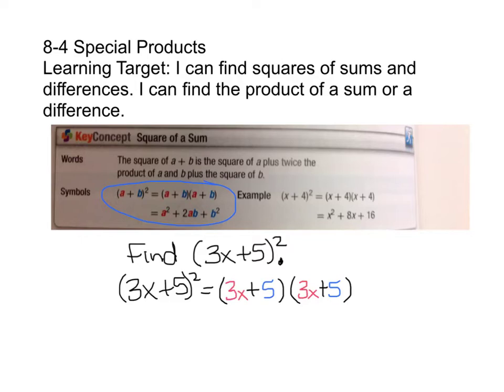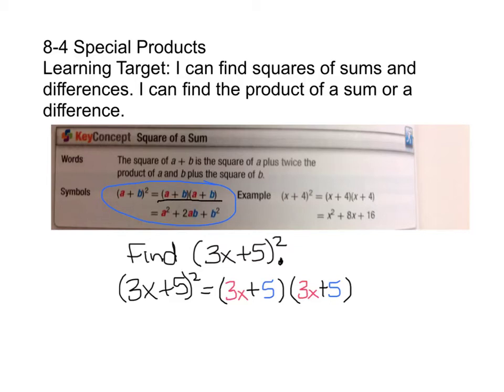We've got two terms, a and b, and that quantity is squared. Now, being a special product, you have to write this out. Remember, to square something means to multiply something by itself. So you have to write that out as multiplying that binomial by itself.